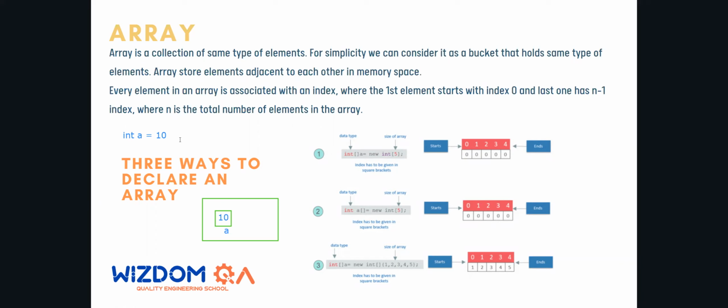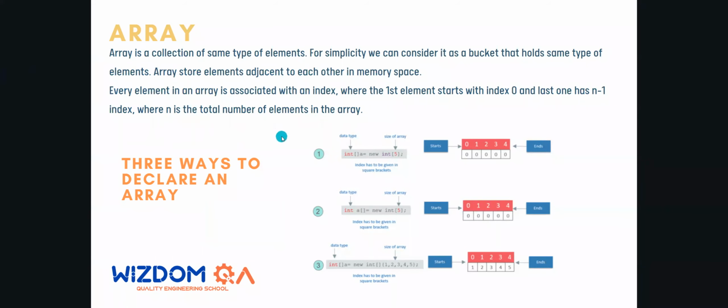In the case of an array, you're trying to store multiple values, 10, 20, 30, 40, 50, under one single variable. That is basically called an array of multiple values. Let me show you how it is done.